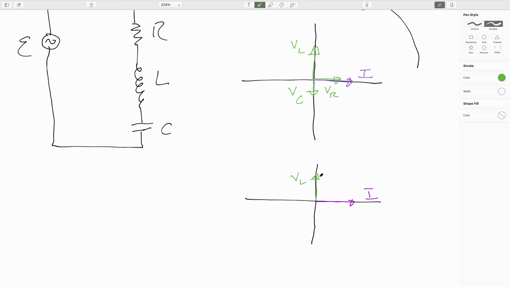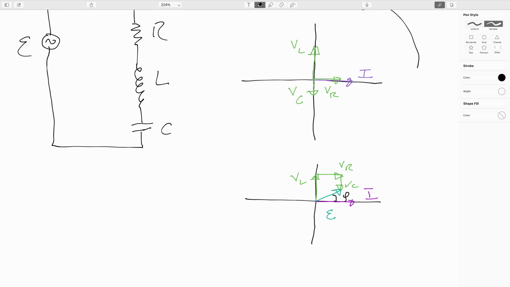If you're adding vectors, I'll use the tail to head rule. That's probably the most useful here. VR, VC, and then let me choose a different color here. That will make this our EMF phasor. And the angle that the EMF phasor makes with respect to the current is our phase constant, phi. So this is the minus phi that we saw before when we were writing the equation for the current.